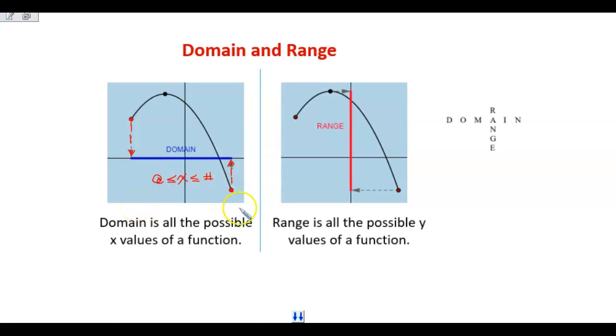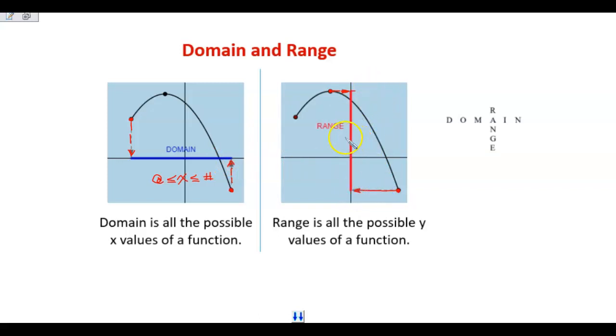The range is all possible y values in a function. Again, I look at the highest point that my graph is showing me and my lowest point, and then I go over to the y-axis to find out what my highest number for y is going to be, and then again here.